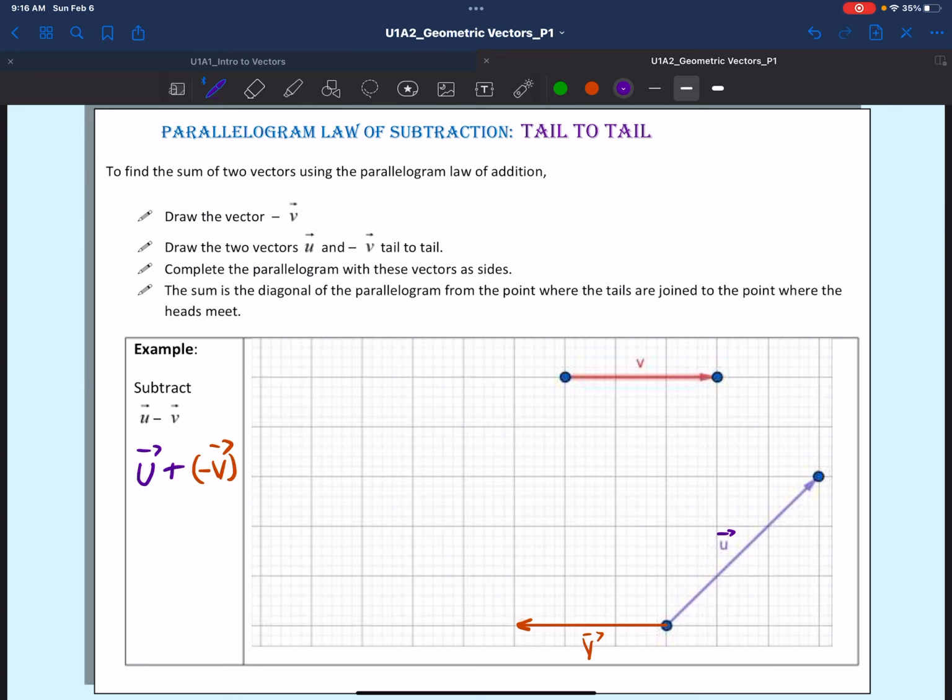And the sum of the two vectors will be the diagonal. So we have to draw the parallelogram. And another line which goes right here. And here goes our beautiful parallelogram.